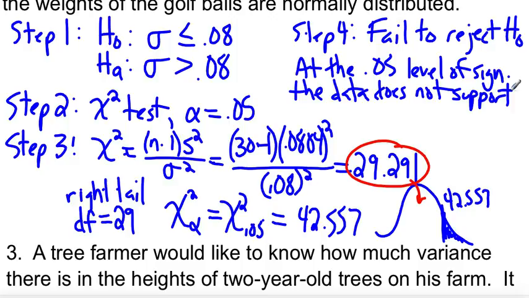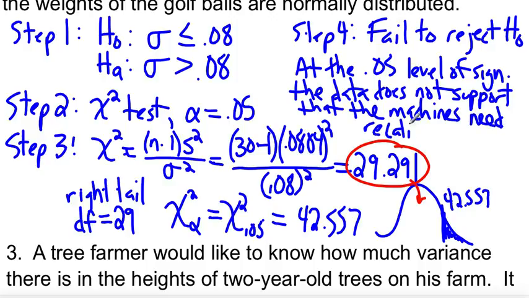Okay, it appears that it's less than or equal to 0.08, so the machines are fine. So we're going to say the data does not support that the machines need recalibrated, which is good news for the factory because they don't want to spend the money to recalibrate the machines if they don't have to. And according to our test, they don't have to.